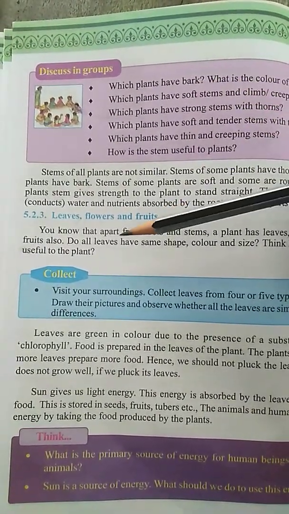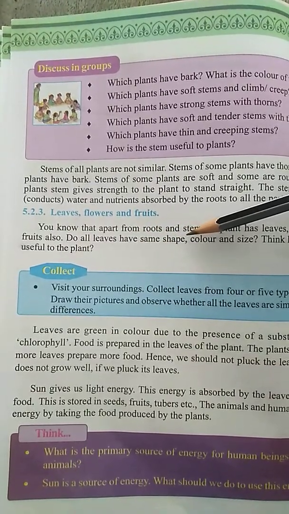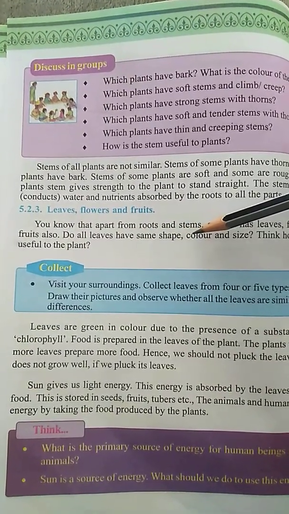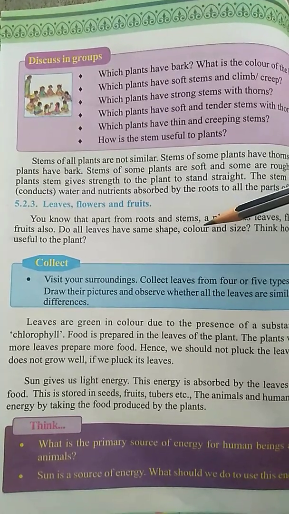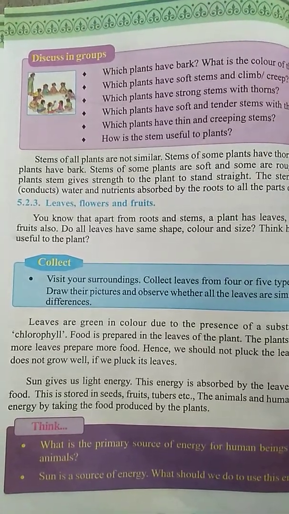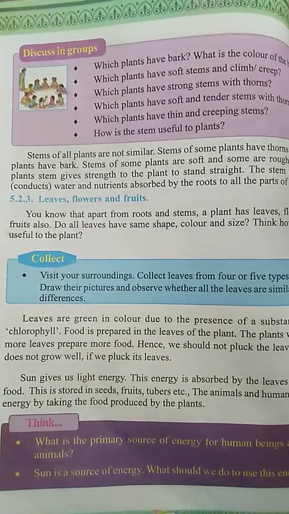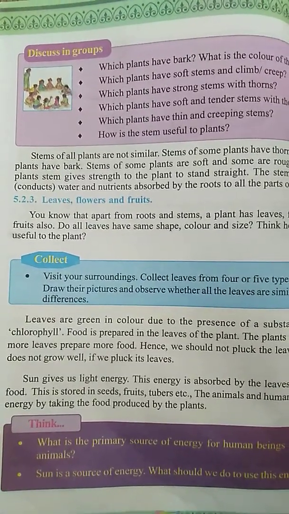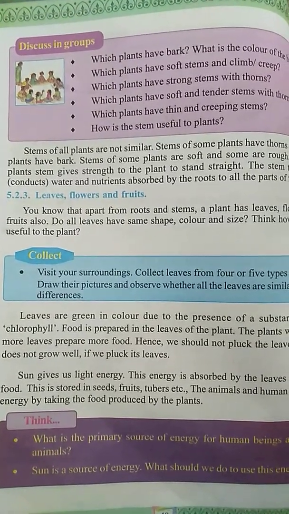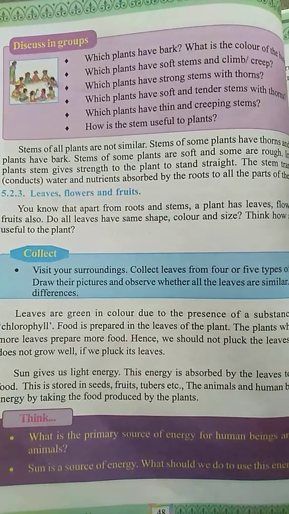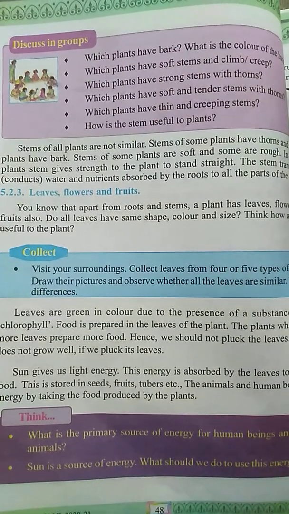Okay, so these leaves, just observe in your surroundings, take just 3-4 trees or plants, and observe their leaves, whether they have the same shape, same color. By that you will understand that each and every plant has a different shape of leaf. Understood?